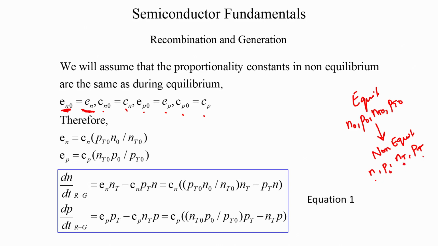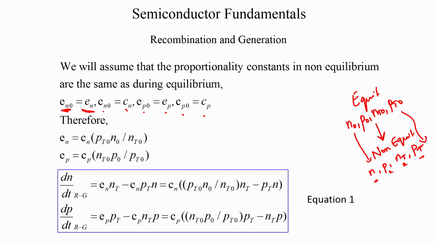Then there would be no difference between non-equilibrium and equilibrium condition. Yes, N, P, NT and PT have changed from their equilibrium values, but the proportionality rates that dictate electron and hole capture and emission have not changed.